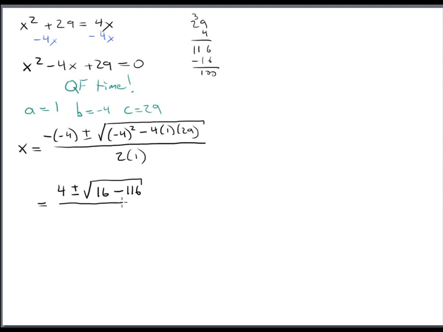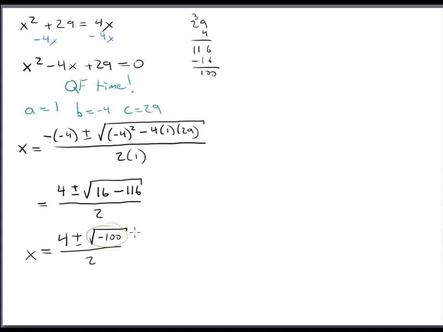And this is all divided by 2. Our discriminant is negative, so we have 4 plus or minus the square root of negative 100, all over 2. No wonder I didn't see a factorization. Can we simplify this? Of course we can.